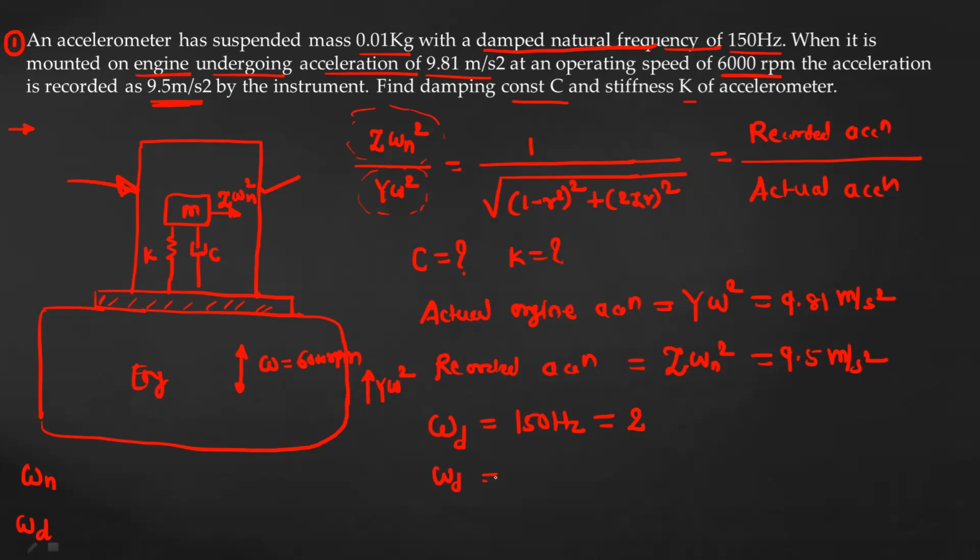So omega d is equal to 2 pi into 150, which is 942.47 radian per second.